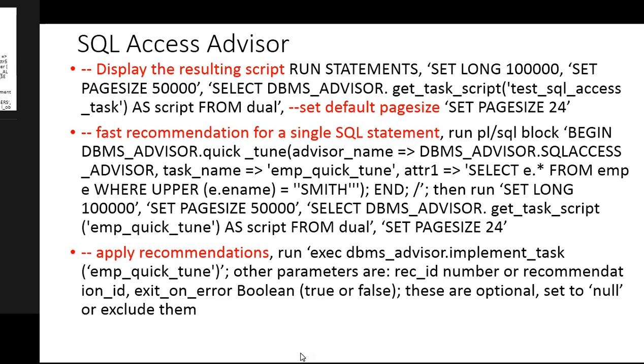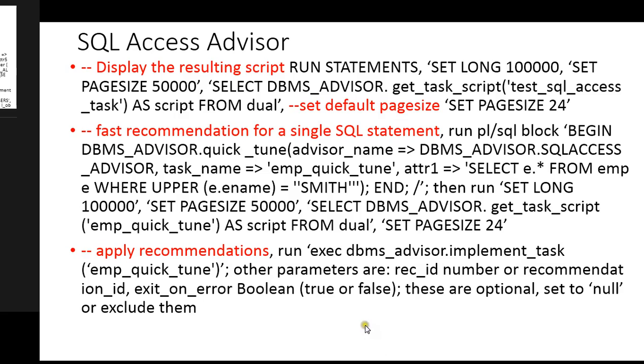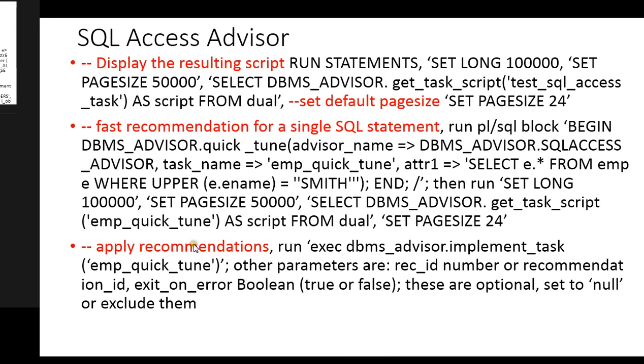Or you can find a single SQL statement as I just showed you. Still assign it a task name, but set this parameter and then paste that query and assign this query to this parameter.